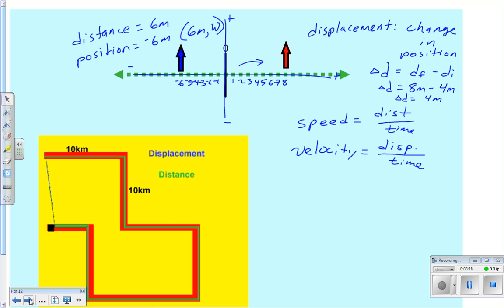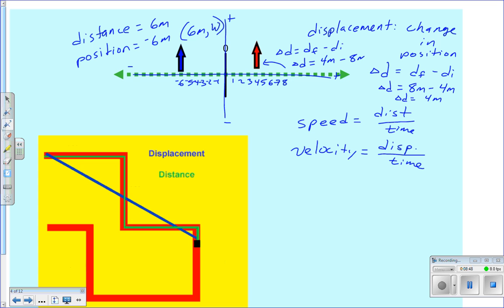If instead it starts at 8 meters and moves to 4 meters, then we still do things the same way, df minus di. This time our df is going to be the 4 meters, and the di is going to be the 8 meters.